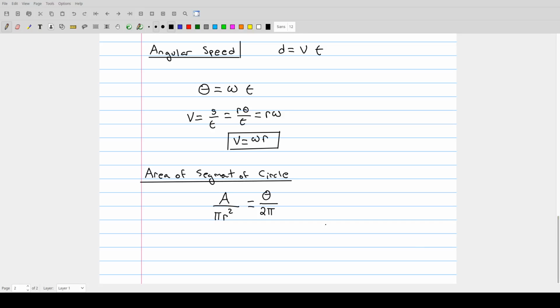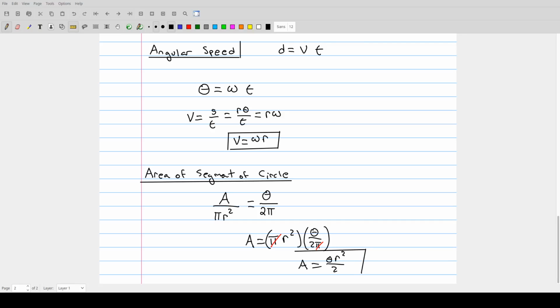So what that means is, if we solve for A, the area of that segment, then A is going to be equal to pi r squared multiplied by theta over 2 pi, which gives us the formula that A, the area of the segment of the circle, the pi's cancel out, and this area is theta times r squared over 2.